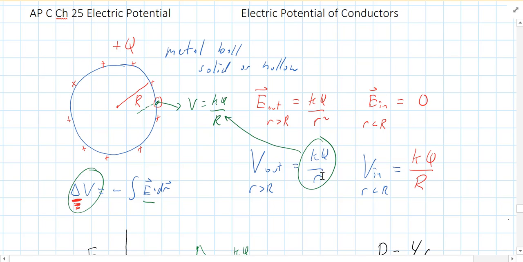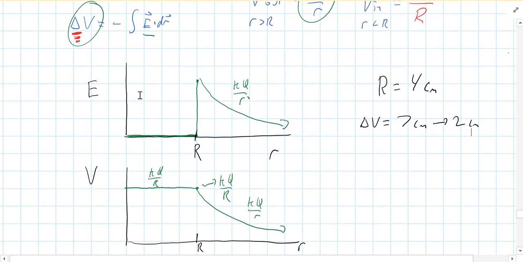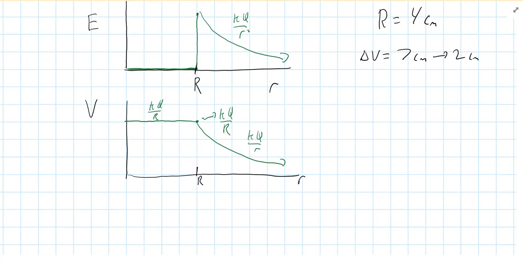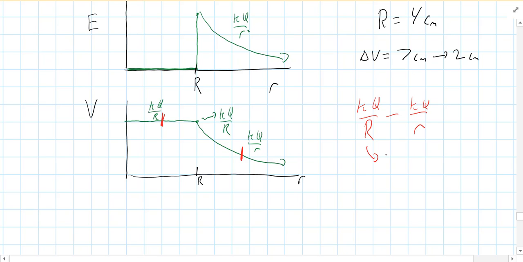You can't do that because the voltage is a different function if you're outside the ball and inside the ball. What you're looking at is the change in voltage between here and there. So it would be the final voltage, which would be KQ over big R, minus the starting voltage, which would be KQ over little r. Big R in this case would be 4 centimeters.